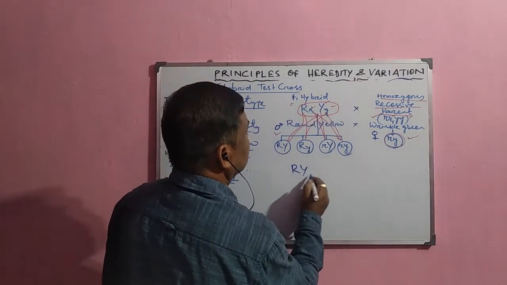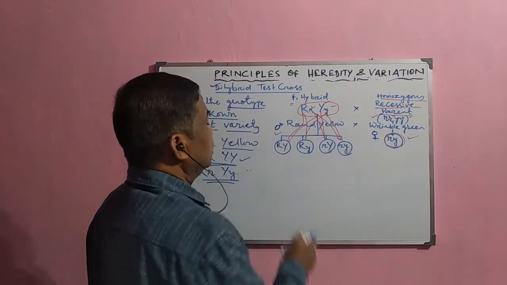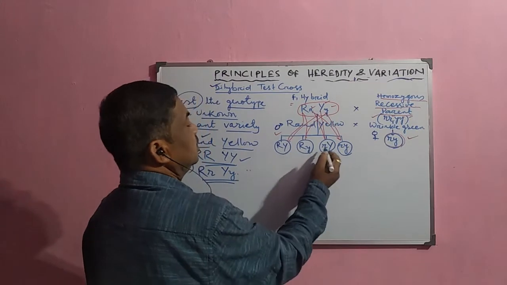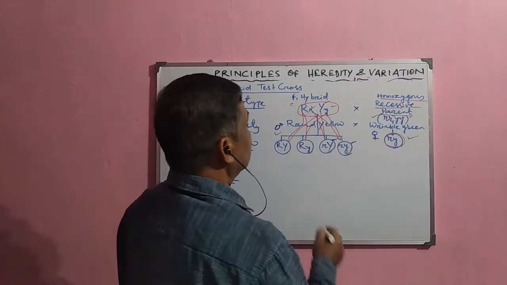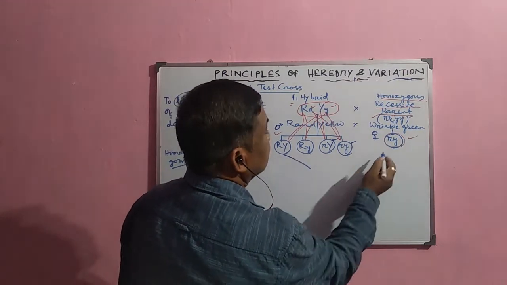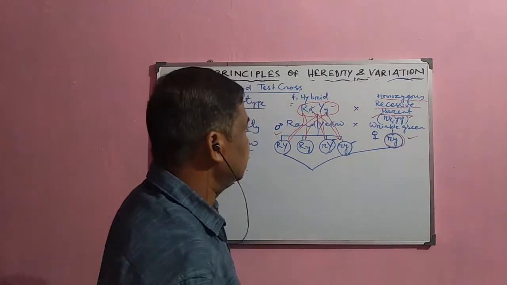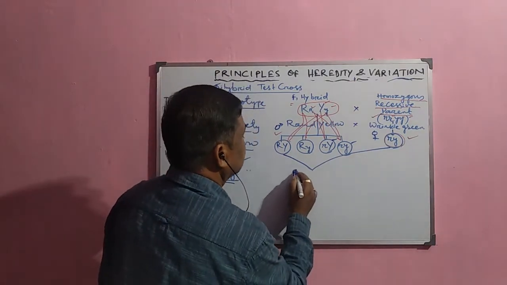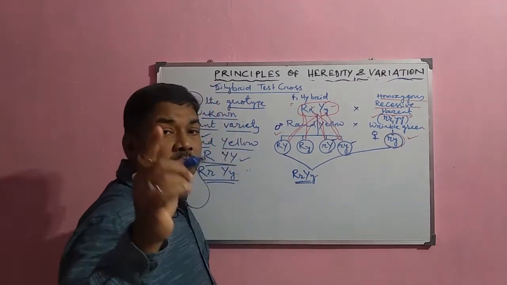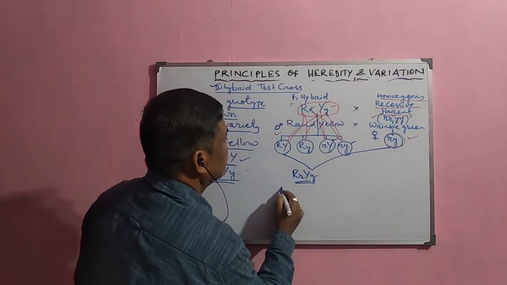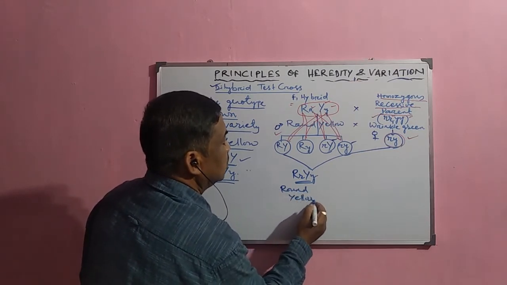Now when this pollen grain fuses with this egg cell, what will be the genotype? It is capital R, small r, capital Y, small y, and this is the phenotype, round and yellow. It is round yellow type.